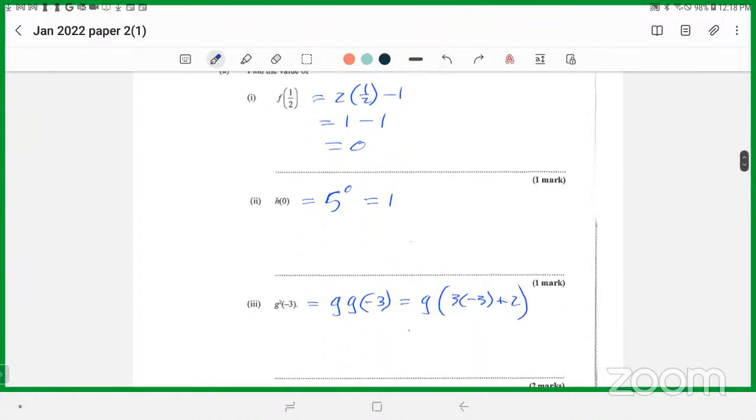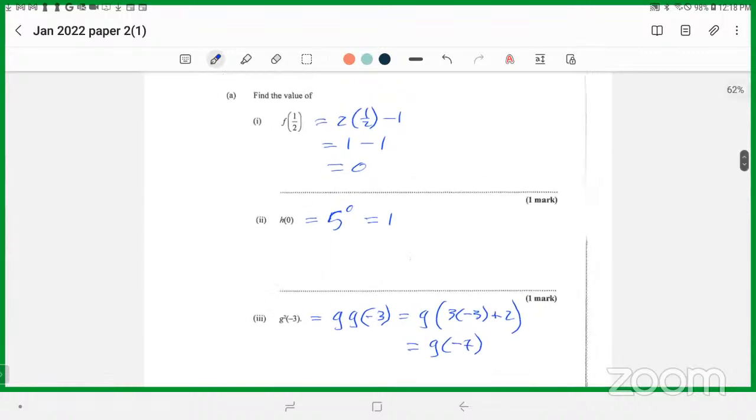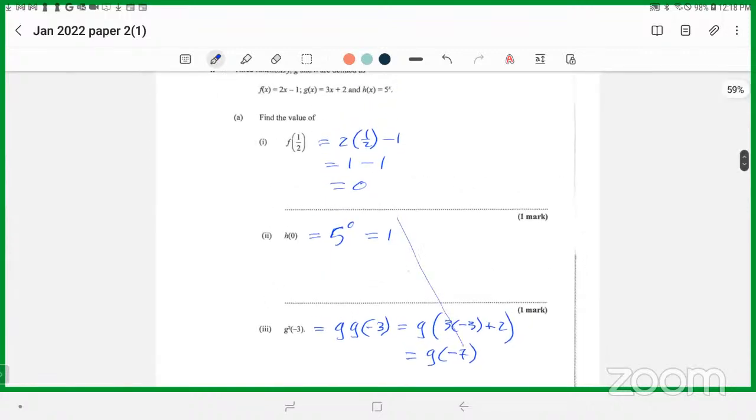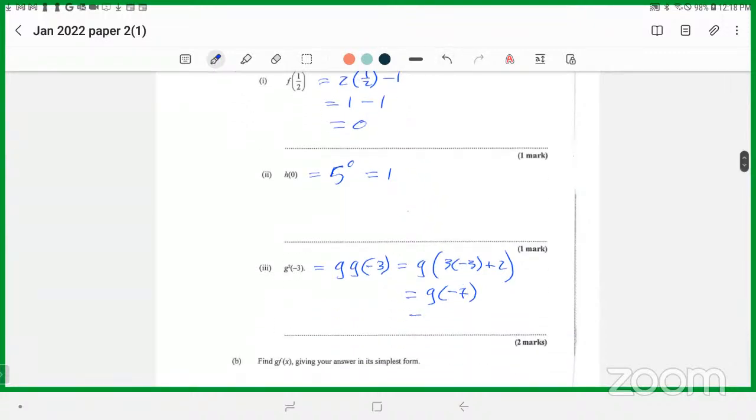And so we are finding g of negative 7. Then g of negative 7 means I'll plug in negative 7 in the same g function again. So it becomes 3 times negative 7 plus 2. That's negative 21 plus 2. That's negative 19. So the answer there is negative 19.